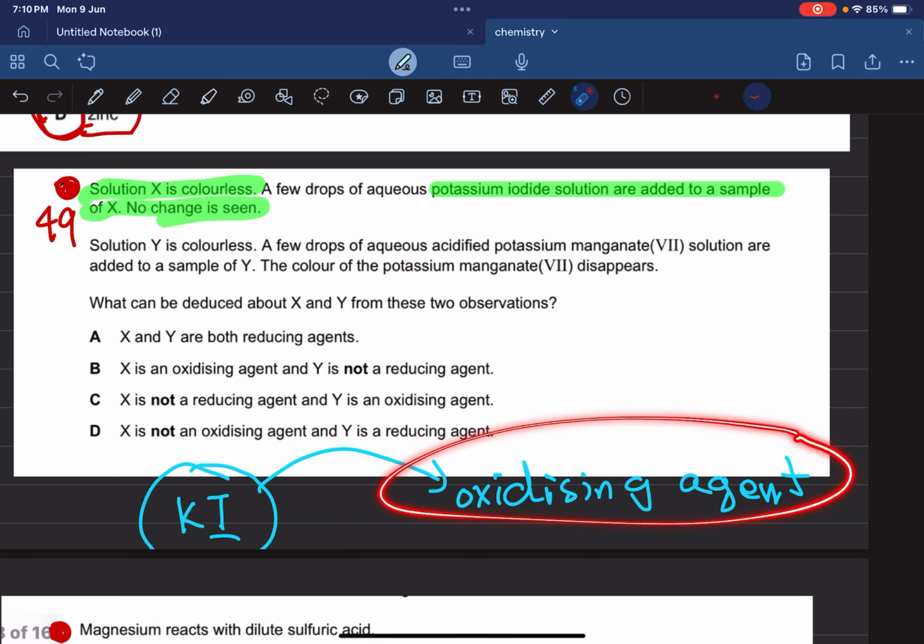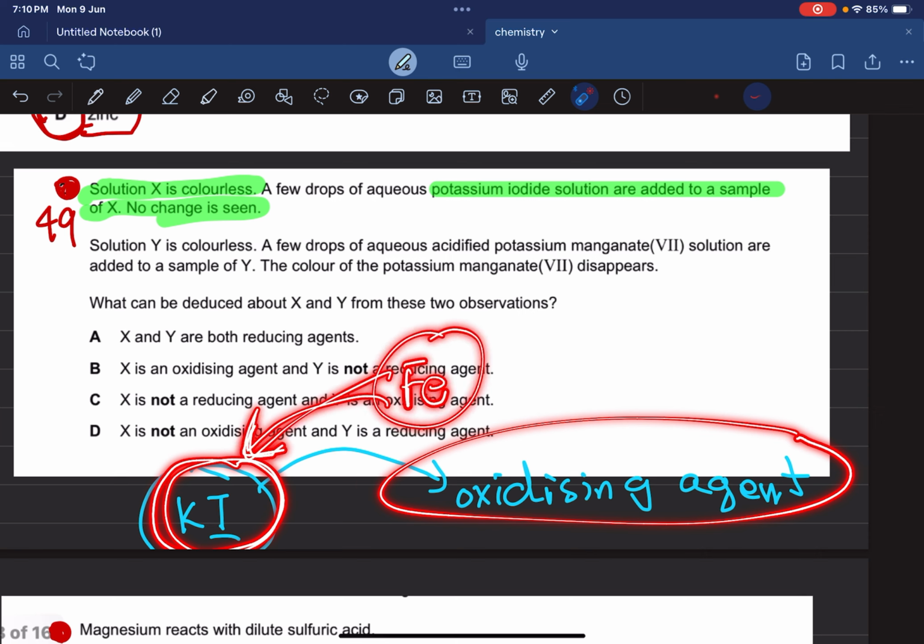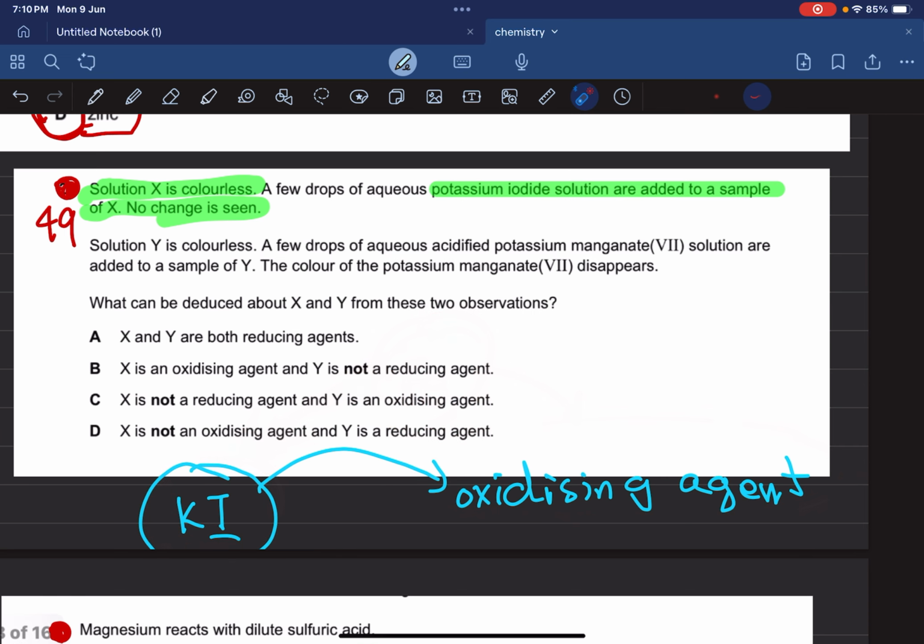If it changes color when I add, for instance, Fe something to it, that means whatever I've added to it is an oxidizing agent. Because KI did not change color, that means solution X is not an oxidizing agent.